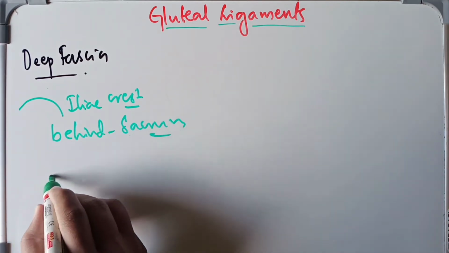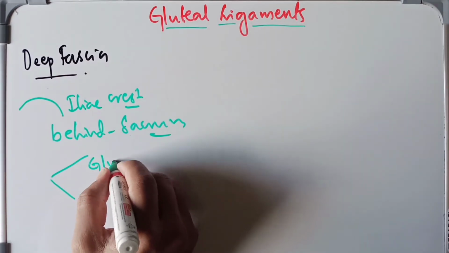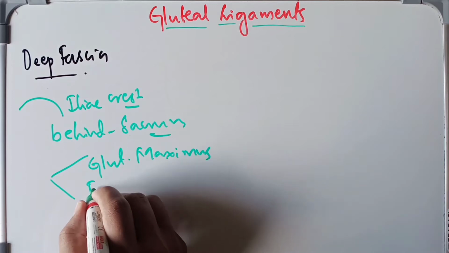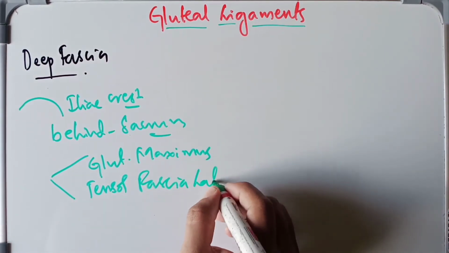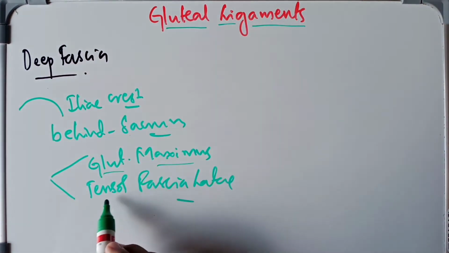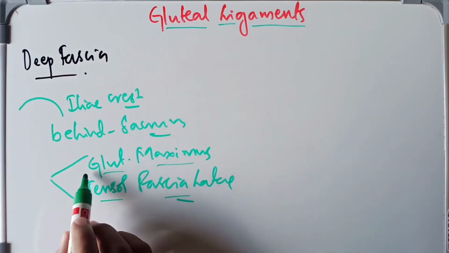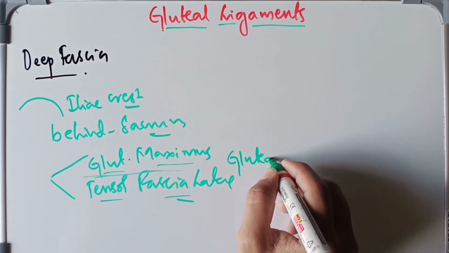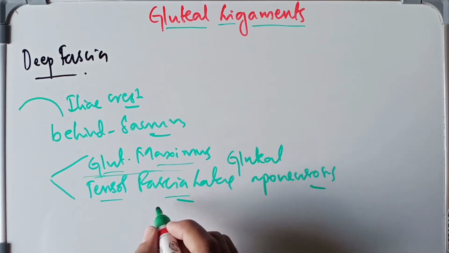Actually what happens, it will split twice to enclose two muscles, which are the gluteus maximus as well as tensor fascia lata. And also the thick aponeurosis between these two muscles forms the gluteal aponeurosis. That is the aponeurosis found between these two muscles.